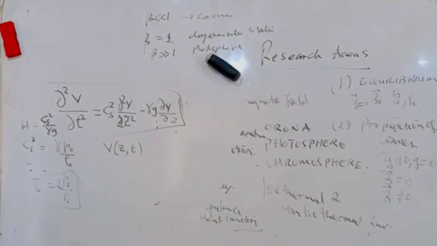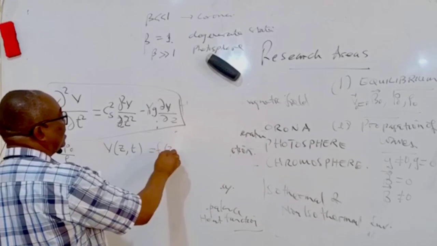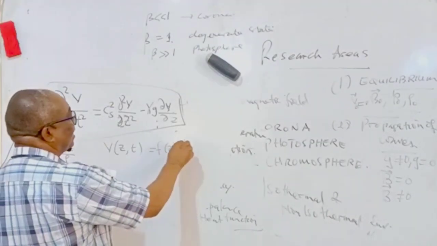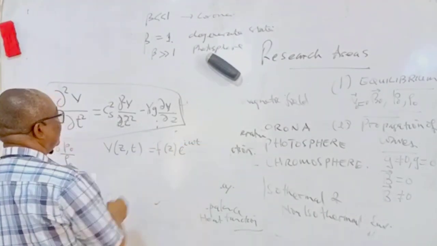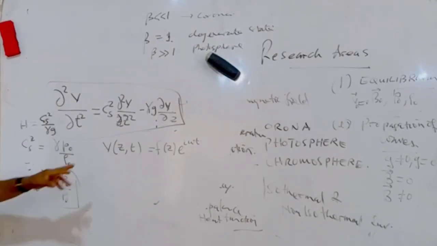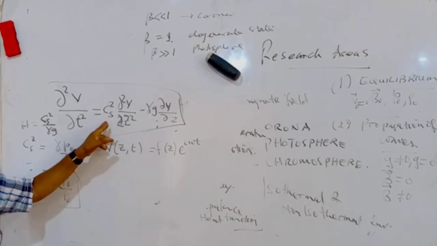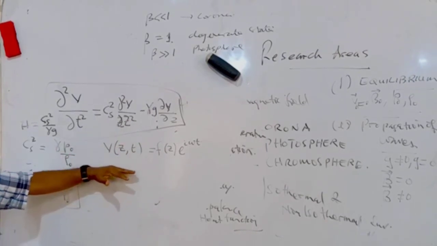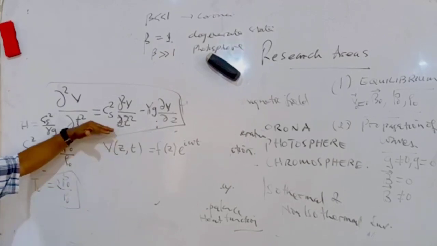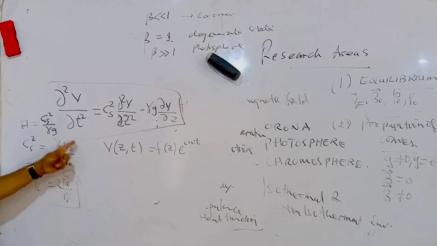So we can take this solution to be of the form f of z multiplied by e to the i omega t. So we'll make this substitution in this equation. All right? I just want you to go home, put this in this equation, and then make use of this.